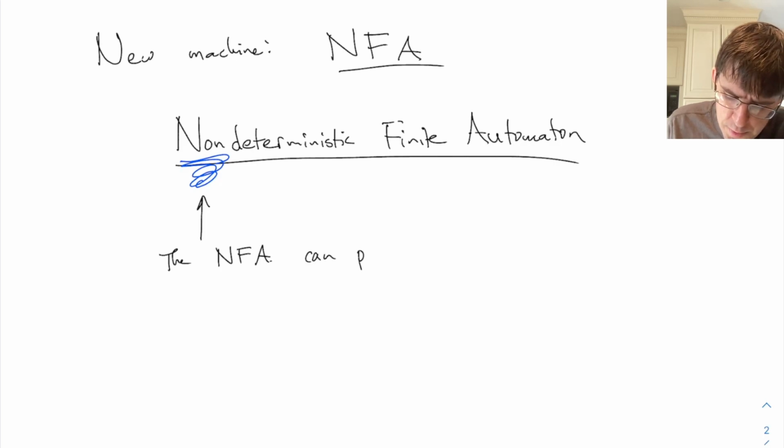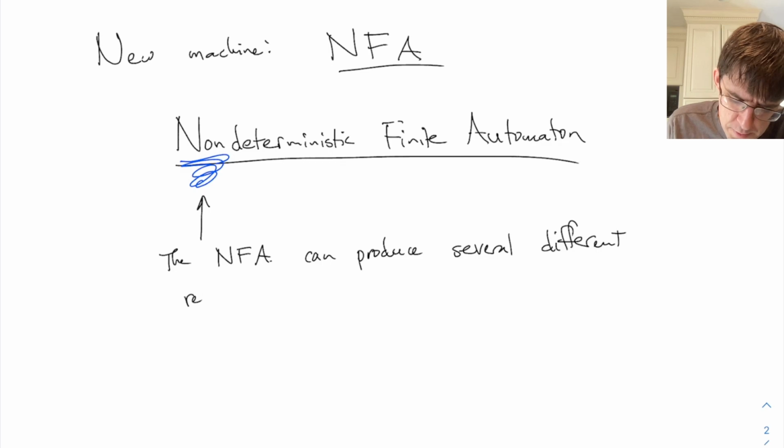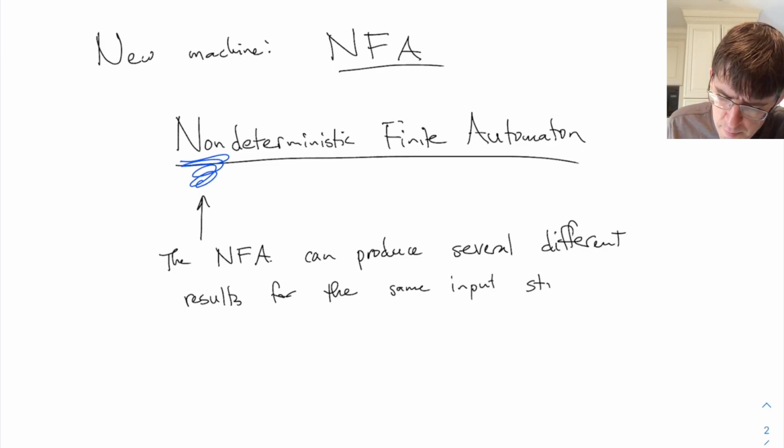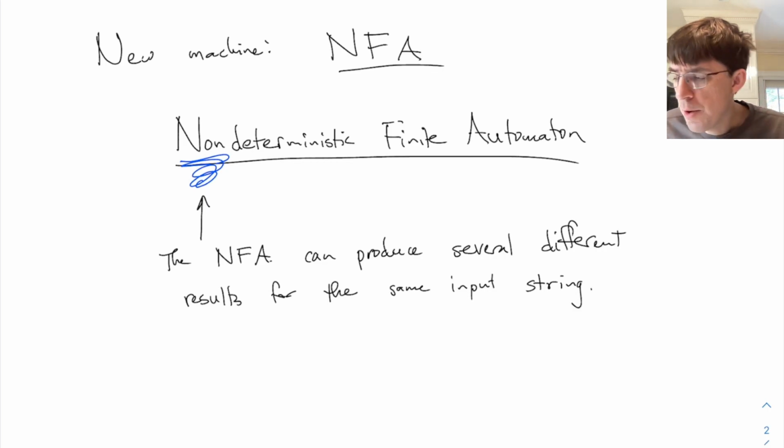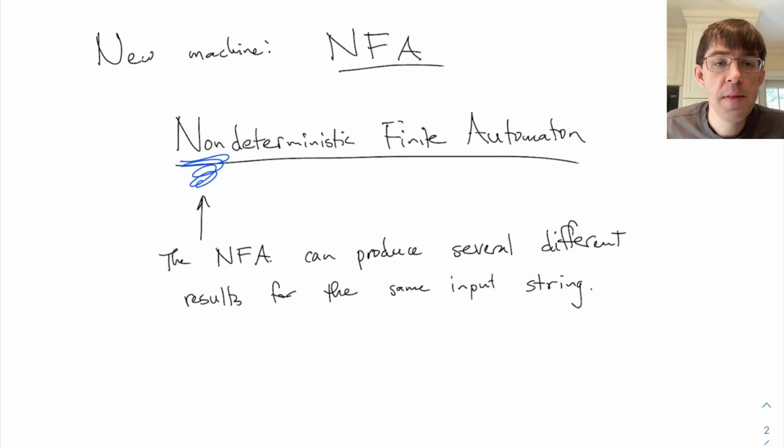Non-determinism here means that the NFA can produce several different results for the same input string. In particular, the NFA is allowed to have several outgoing arrows with the same label on it.